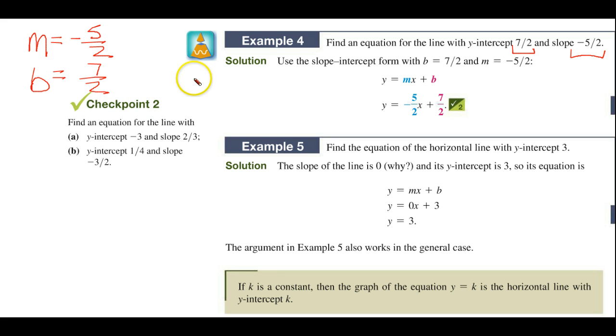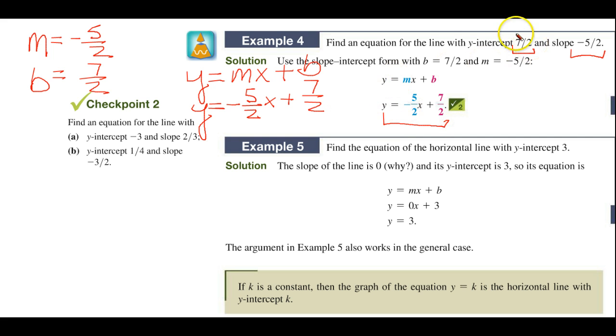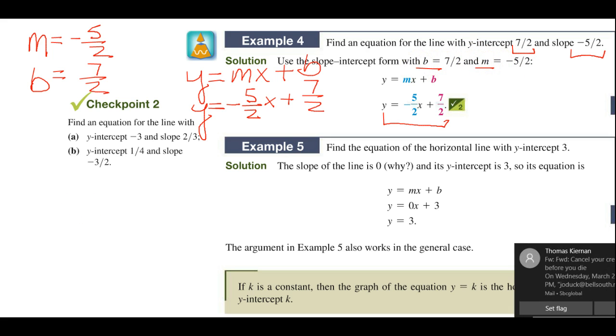And the formula they want you to put it in is y equals mx plus b. So you would say y equals, and you have the slope, a negative 5/2. You have to put the x in, and then our y-intercept plus 7/2. So very easy, as long as you are identifying what your slope and y-intercept are.